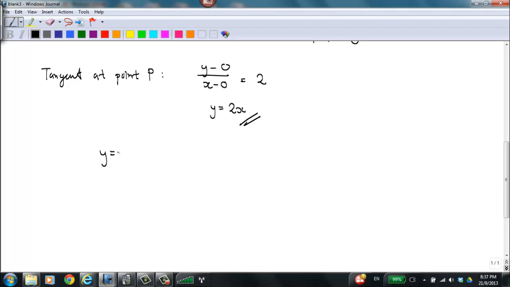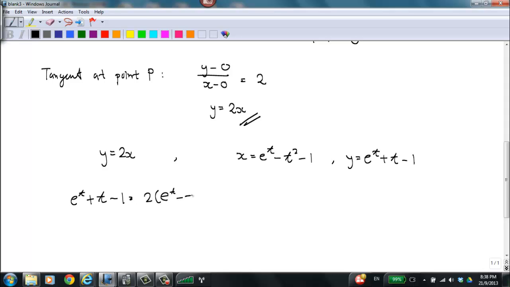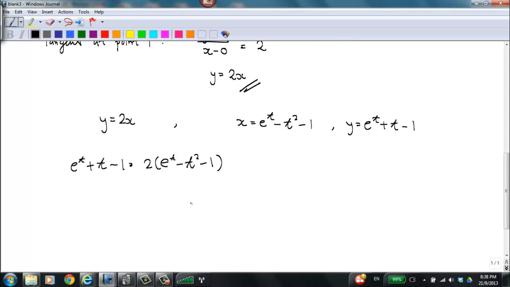So the equation of the tangent is y equals 2x, and the equation of the curve C is like this. We will do this substitution, and from there, with one equation in terms of t, we can solve for the values of t.